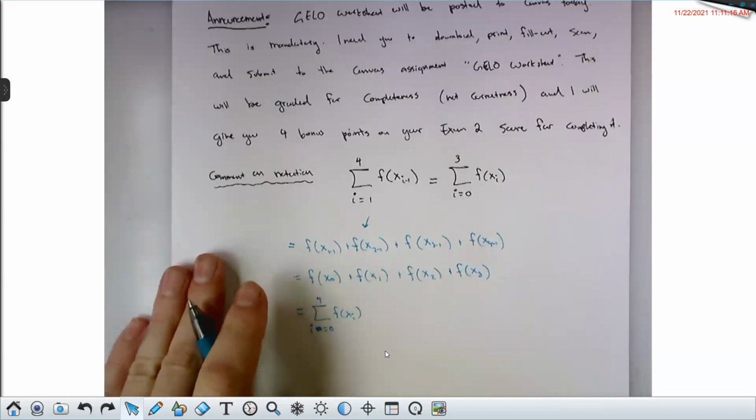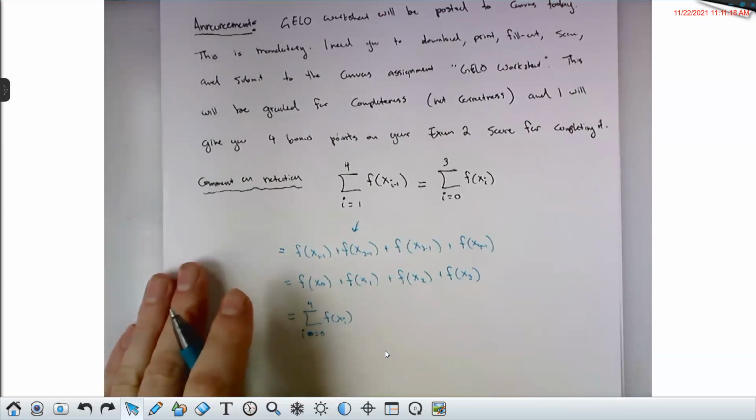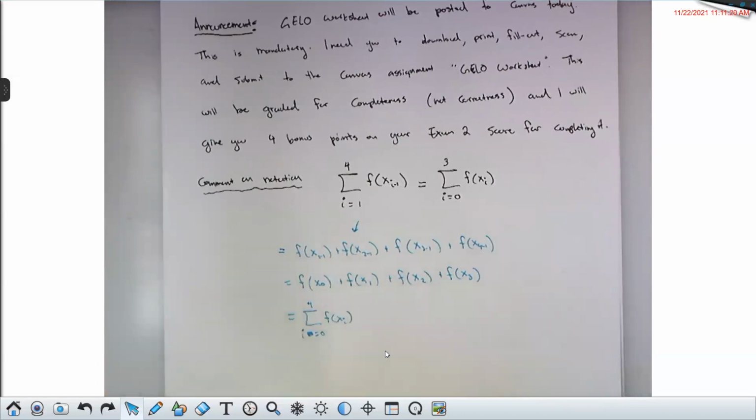So I just wanted to show you that the notation they're using in that sheet is slightly different than the notation that we've used, right? When we want to talk about the left-hand Riemann sum, we would do the sum from 0 to n minus 1. They do the sum from 1 to n, but then put an i minus 1 here. And these are the exact same thing.